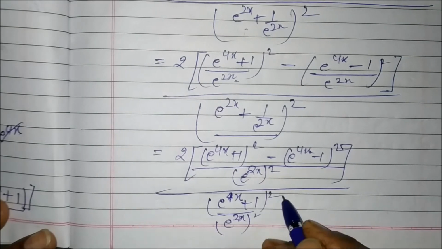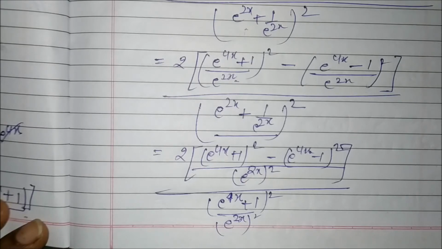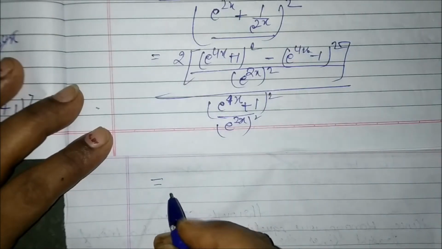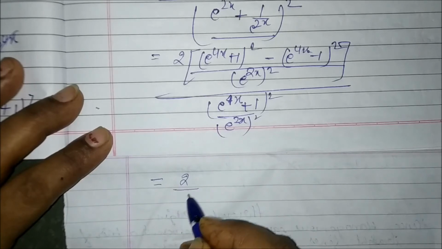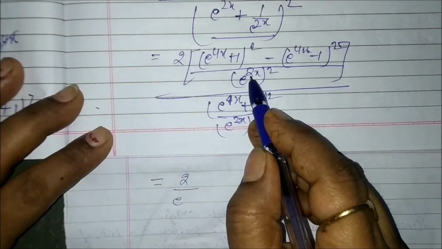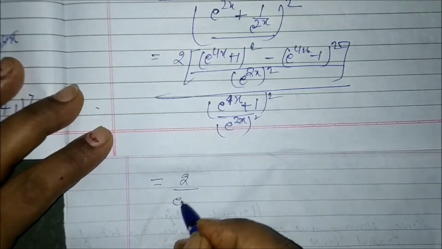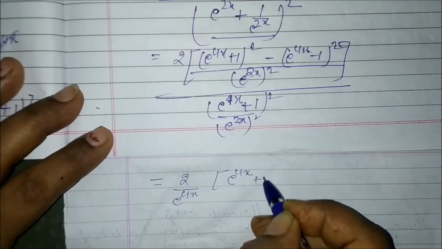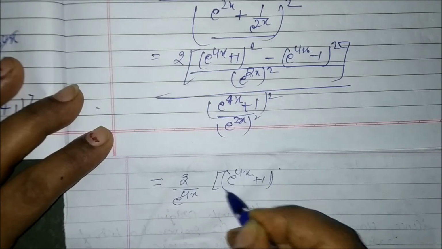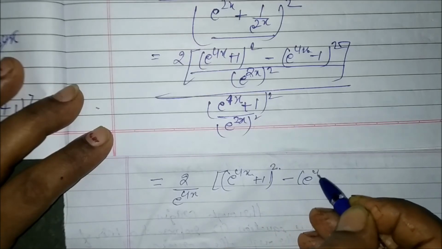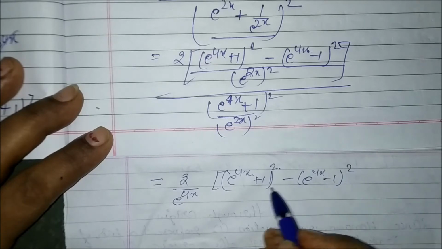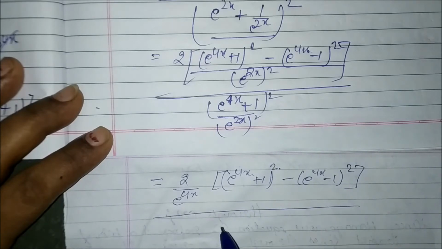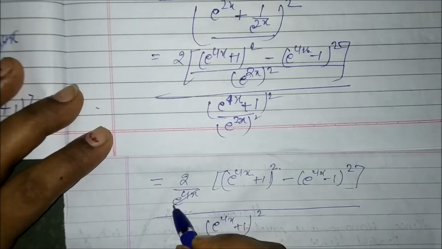We do the square on numerator and denominator both. Okay. After this step, this will become e raised to 4x and we take it out. e raised to 4x upon e raised to 4x, (e raised to 4x plus 1) whole square minus (e raised to 4x minus 1) whole square upon (e raised to 4x plus 1) whole square by e raised to 4x. This will be cancelled out.